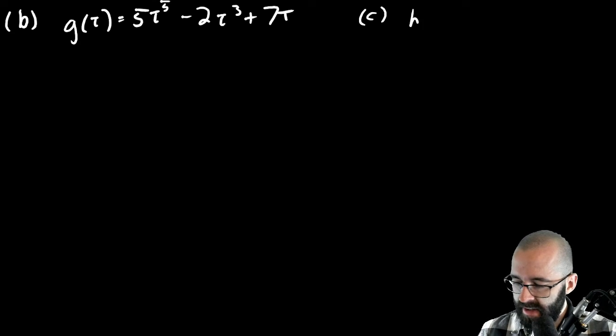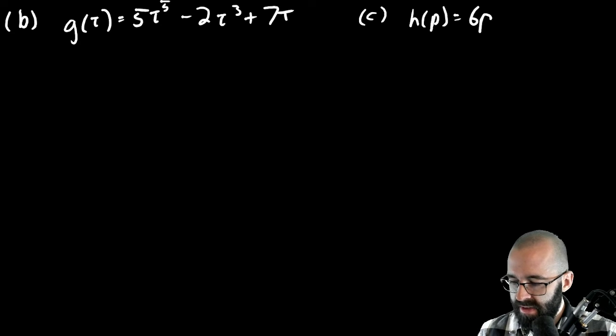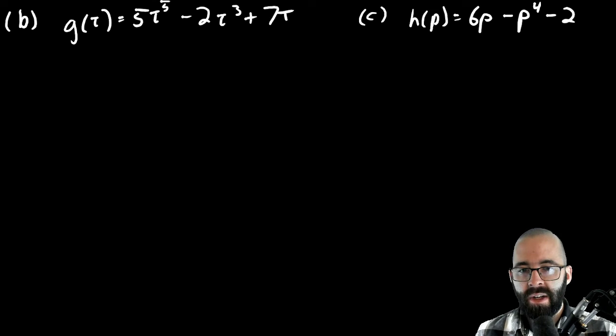And part C is h of p equals 6p minus p to the 4th minus 2. And then we'll look at these together and do one final problem. So feel free to pause the video, try to get these ones down on your own, and then let's see where we have.